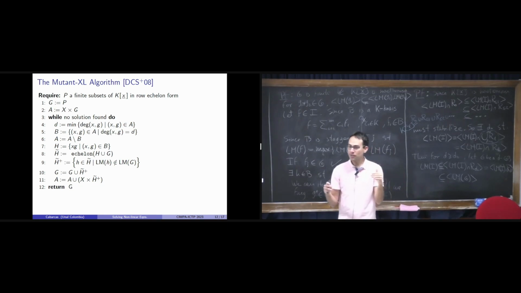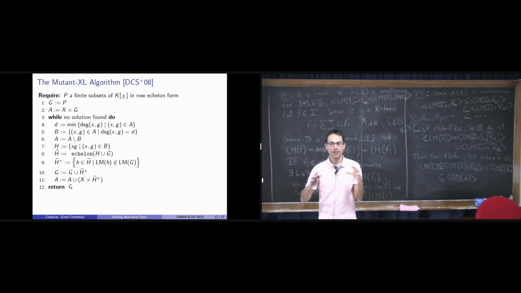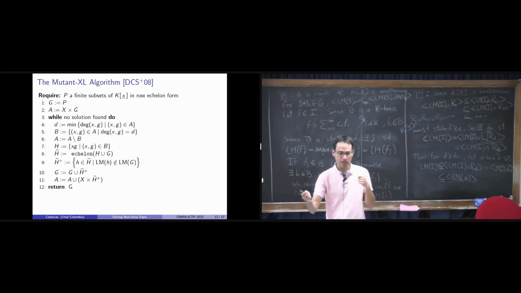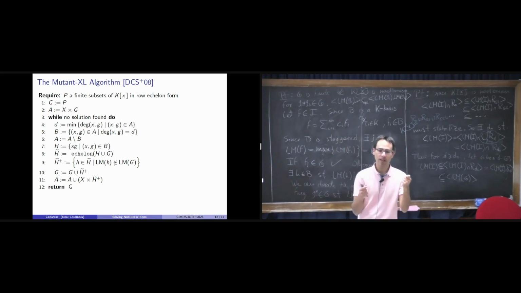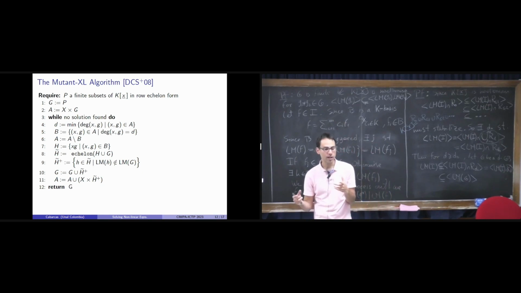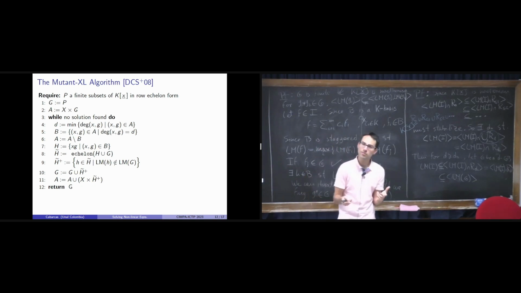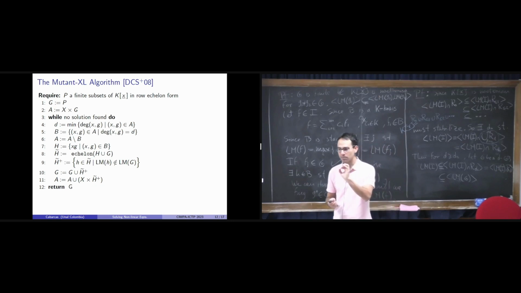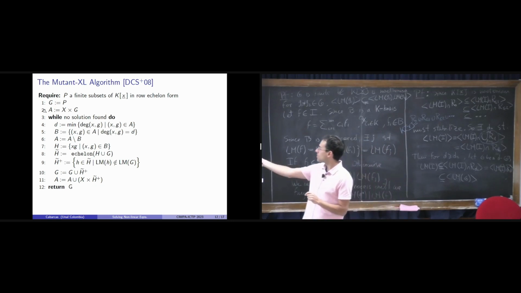This is very useful because we have transformed a problem that was about polynomials and S-polynomials and division algorithm into a problem of linear algebra, which is done using Gaussian elimination, and there are very good algorithms to do Gaussian elimination. There's still many redundancy here, and we haven't actually talked about how to stop. I keep saying here, while no solution is found.